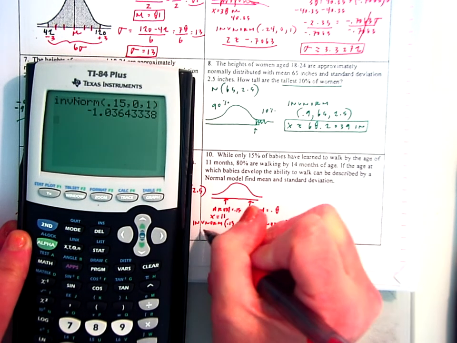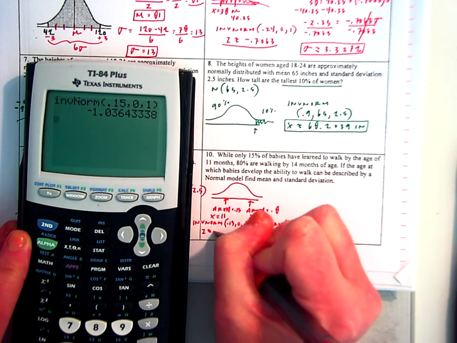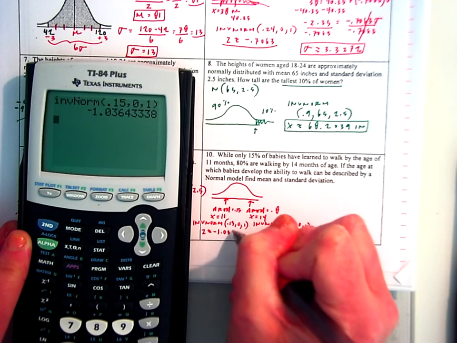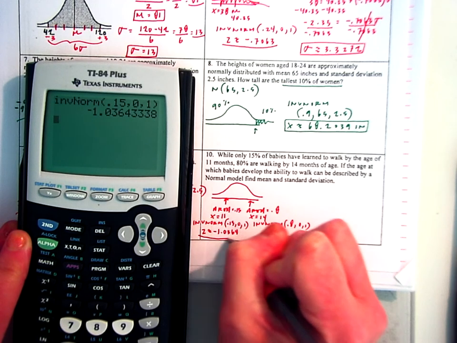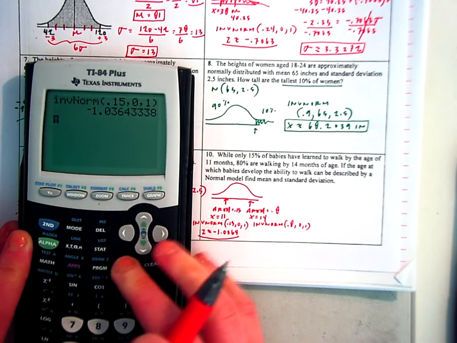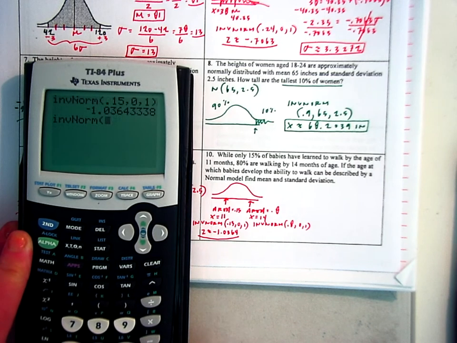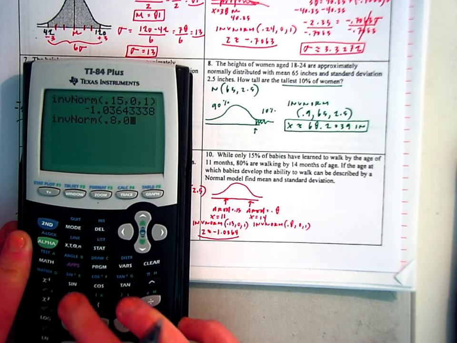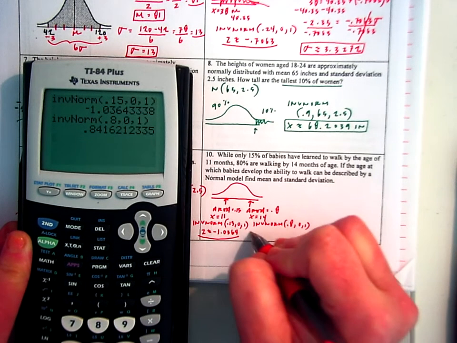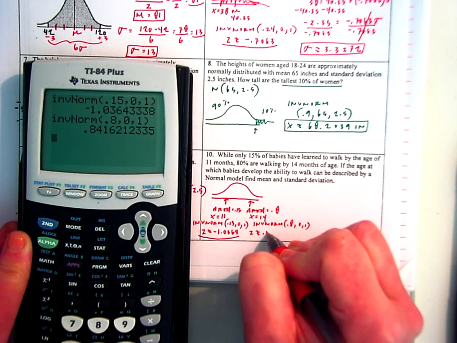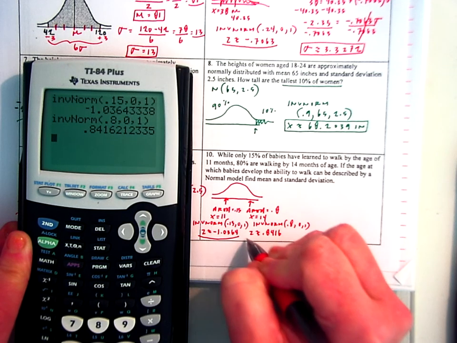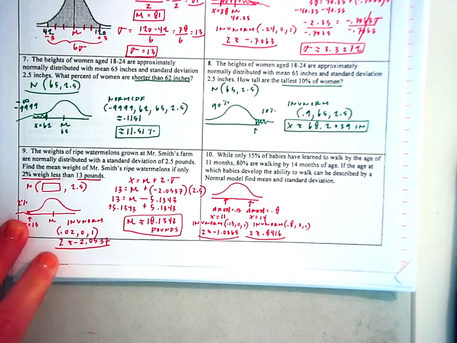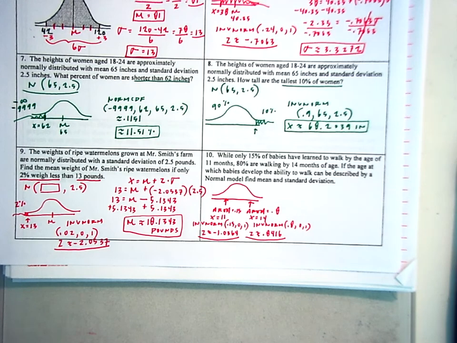It's going to give me a z-score of about negative 1.0364. Okay, over here, 0.801, and I get a z-score of about 0.8416.